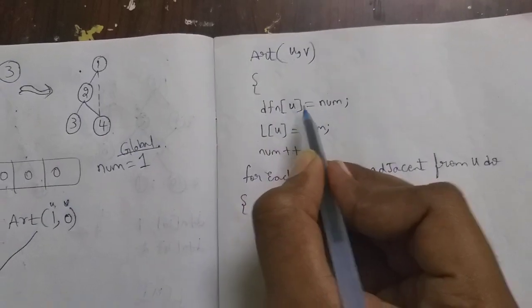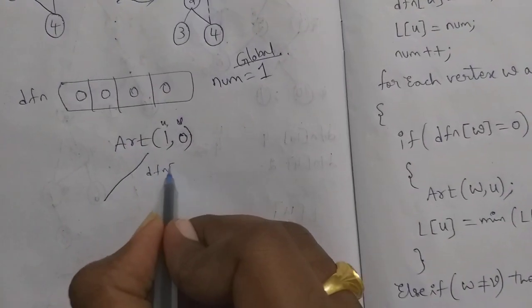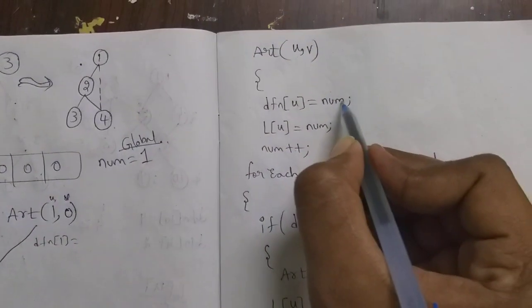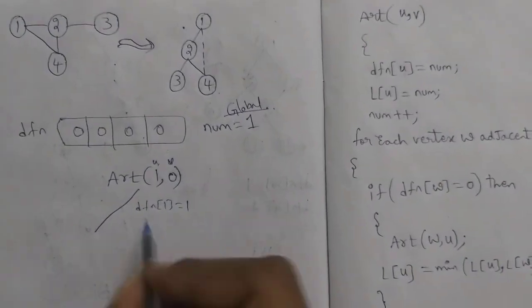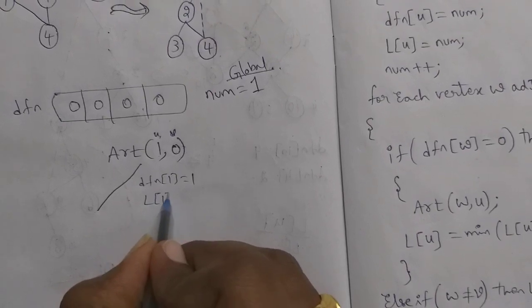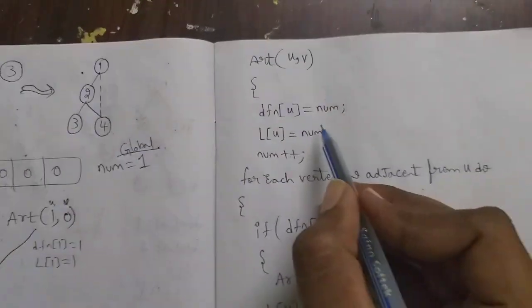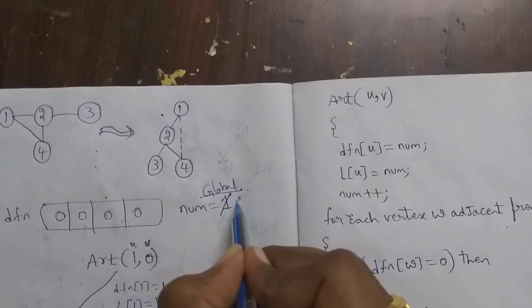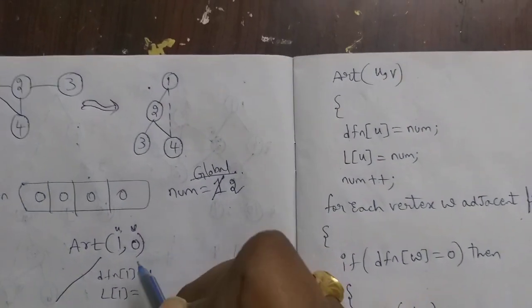Therefore dfn of u, the depth first number of 1, is equal to num. Num is initially 1. L of 1 is also num, which is 1. Next, num plus plus, so the global variable num is 2 now.